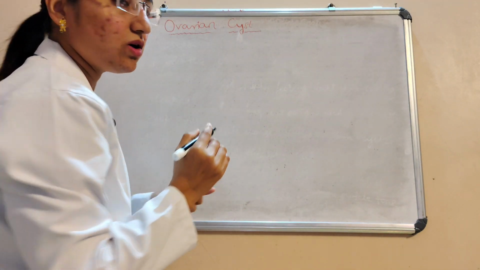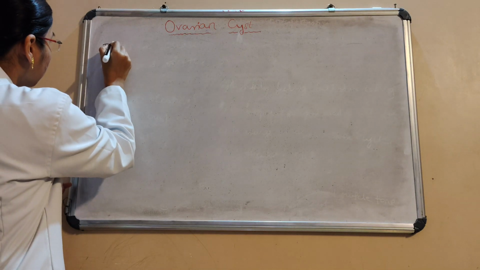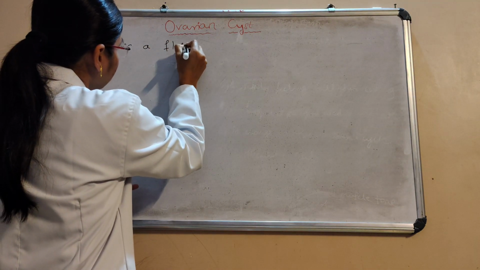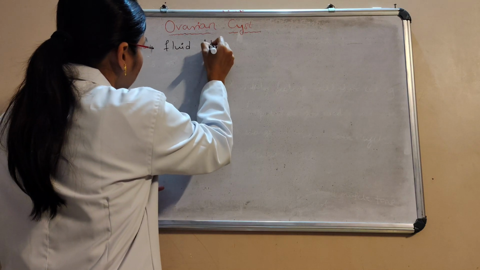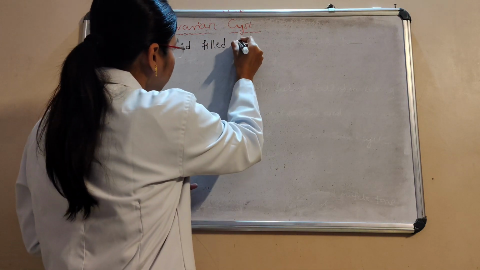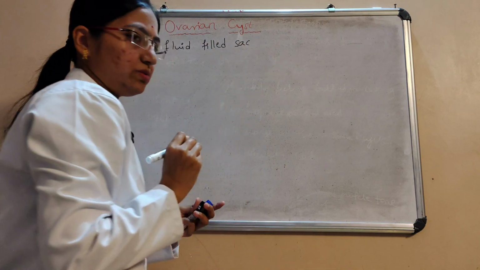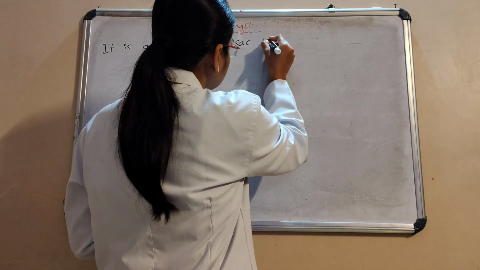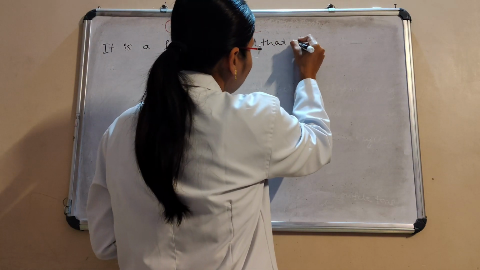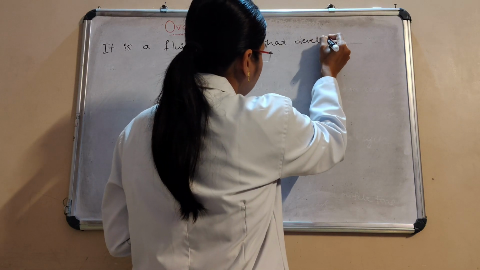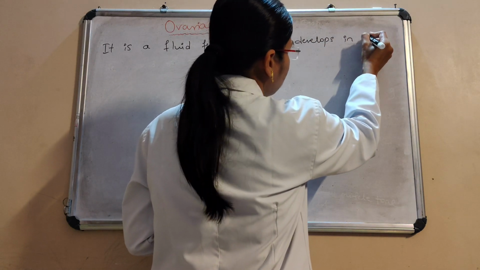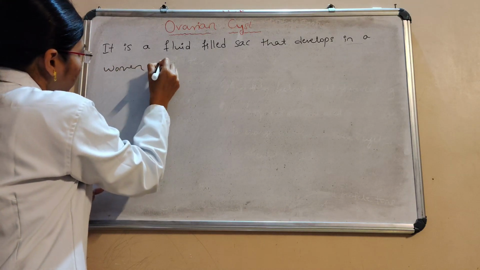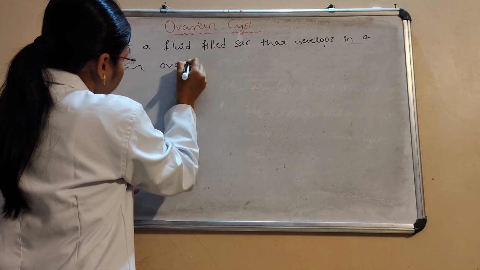Ovarian cyst is a fluid-filled sac that develops in a female ovary. Most ovarian cysts resolve normally.